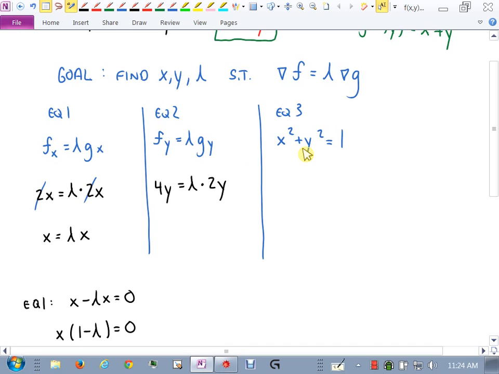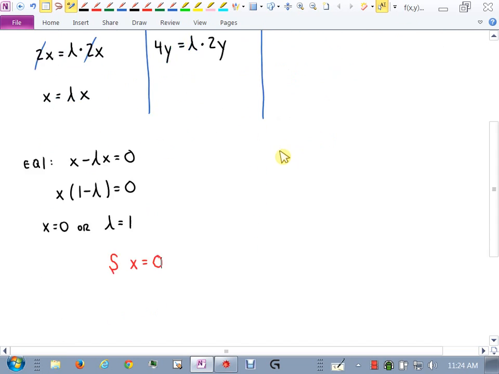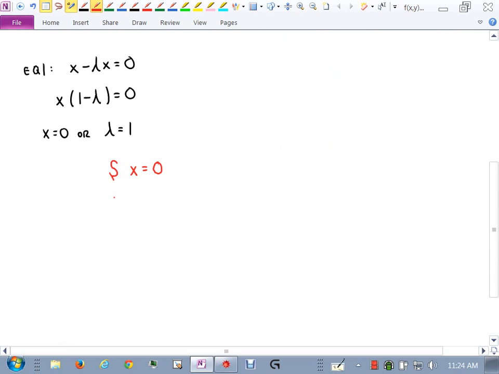Y squared has to then be 1, right? Because that's 0. So I'm going to say, suppose x is 0. That implies from equation 3 that 0 plus y squared is 1, which means y must be what? Plus 1 or minus 1.